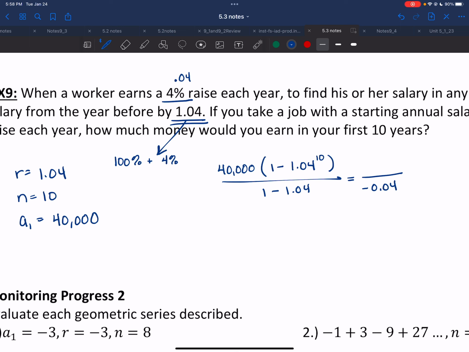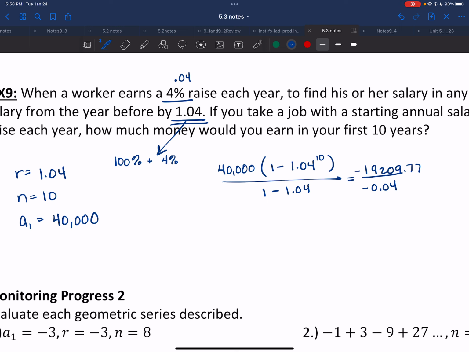And then up top, when I do 1.04 to the 10th, subtract it from 1, which is going to give me a negative number, and then I'm going to multiply by 40,000. I get negative 19,209.77.